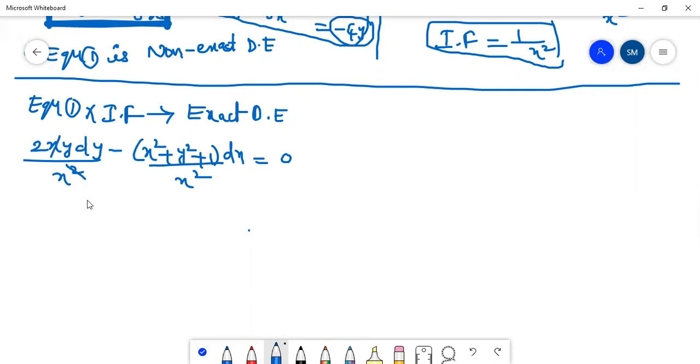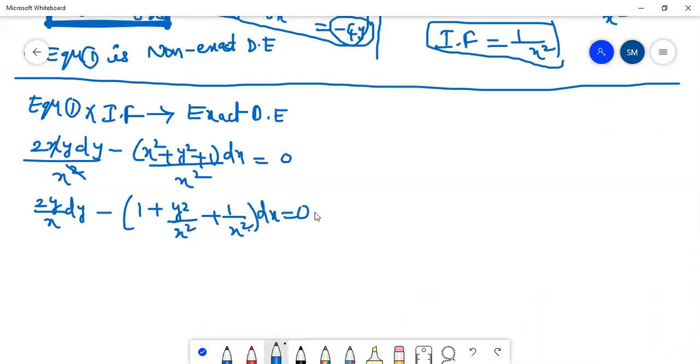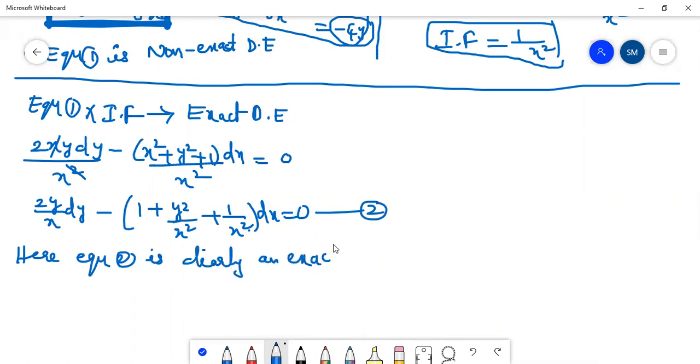One x cancels. Here write separately: 2y by x dy minus (x squared by x squared, that is 1, plus y squared by x squared, plus 1 by x squared) into dx equal to 0. It is the second equation. Here equation 2 is clearly an exact differential equation.